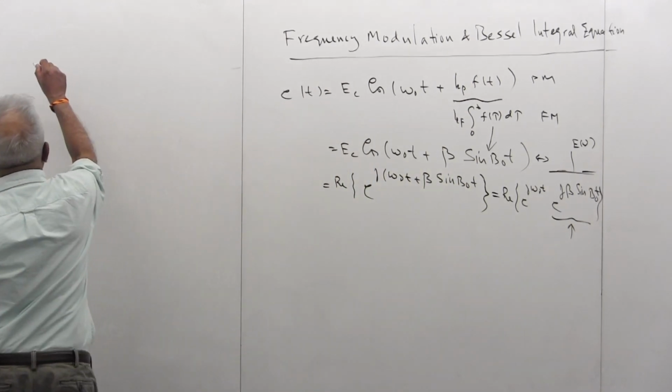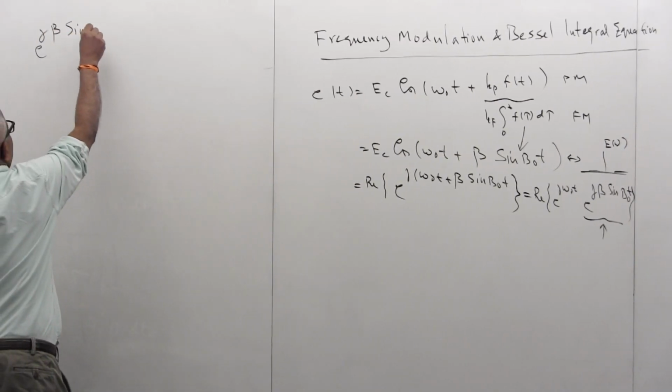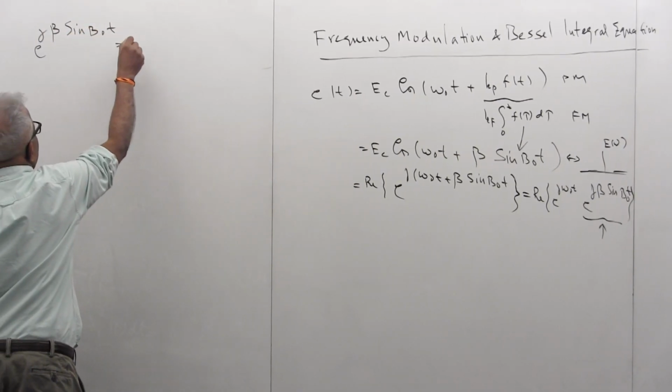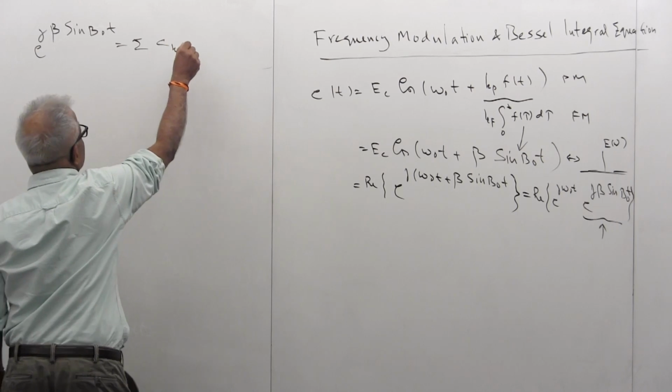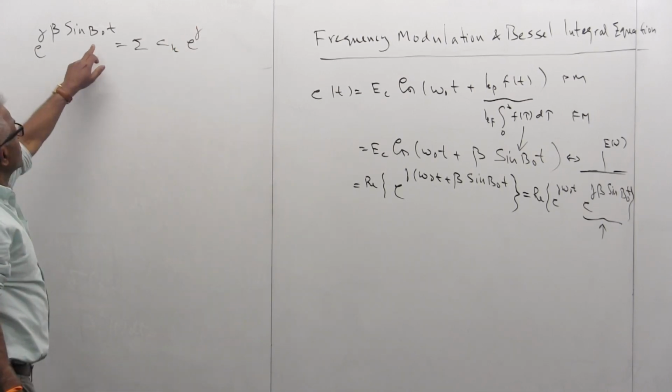If you take that term, e raised to j beta sine b naught t, this is a periodic function with the period 2 pi over b naught.